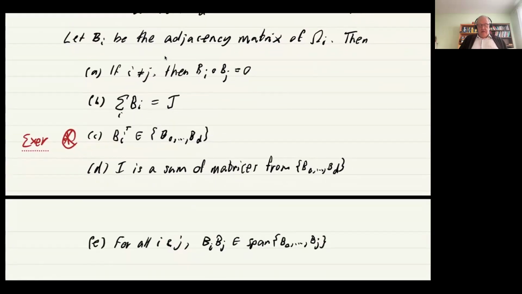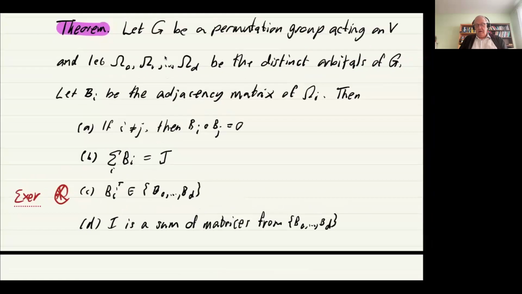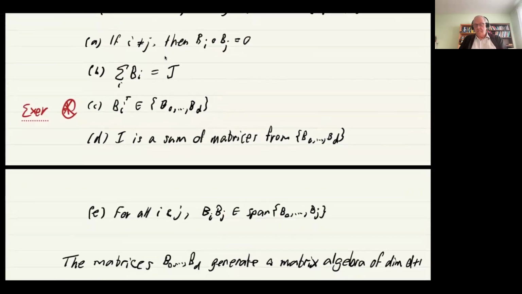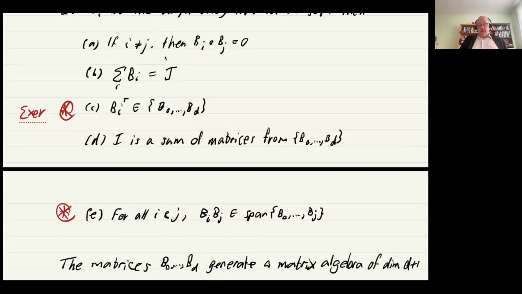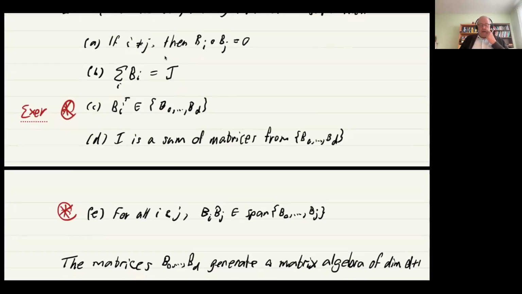The last one is that for all i and j, the matrix product B_i B_j is a linear combination of things from B_0 through B_d. So you have these 5 properties, and the matrices corresponding to the orbitals of any group acting on the graph satisfy these conditions. There are other examples, but for the moment, automorphism groups will do for us.